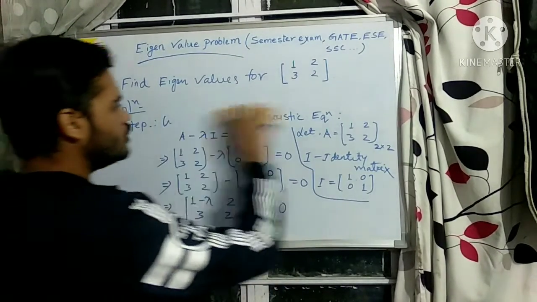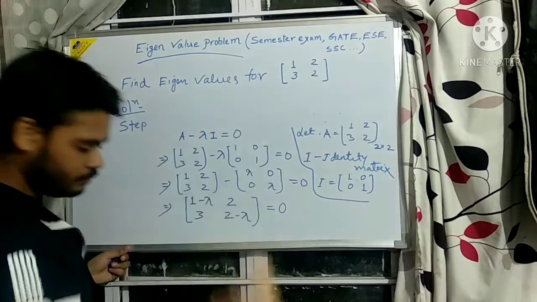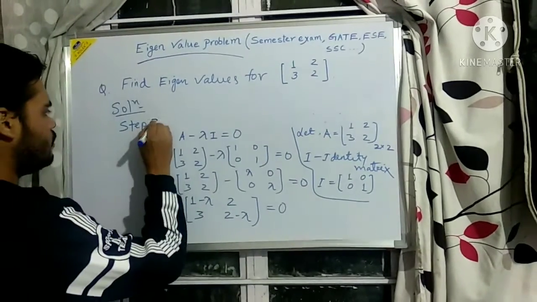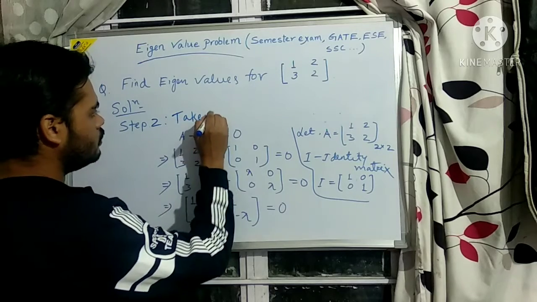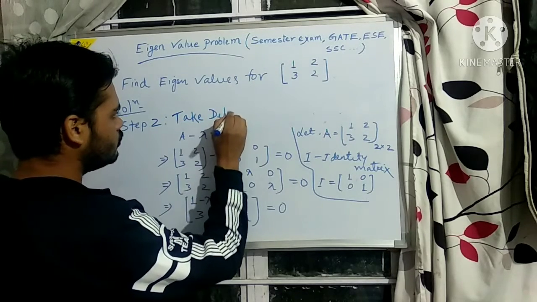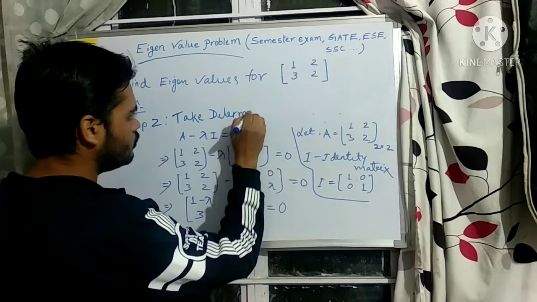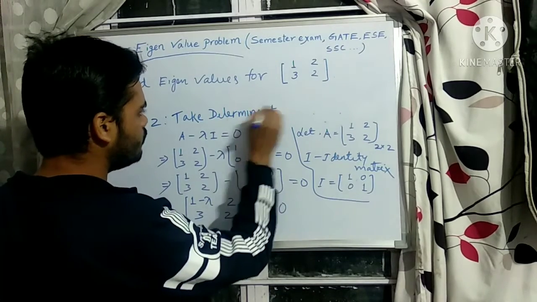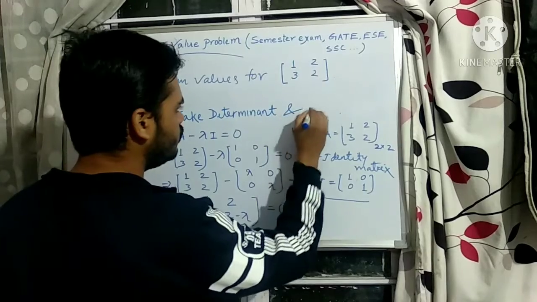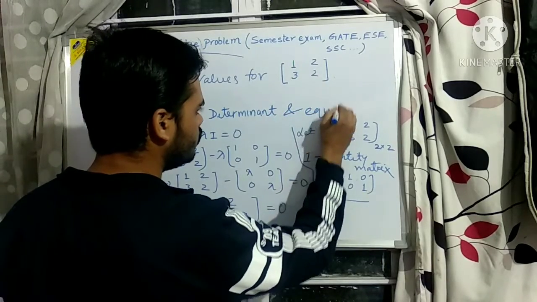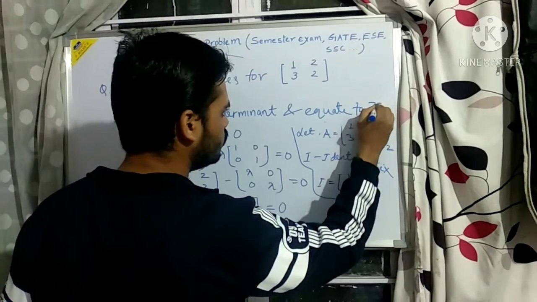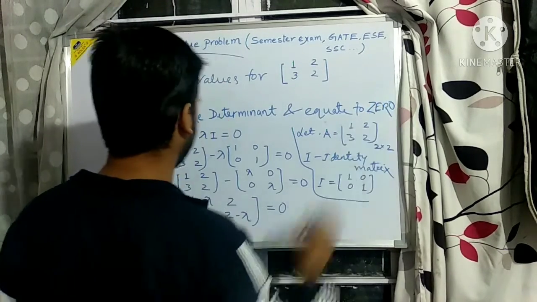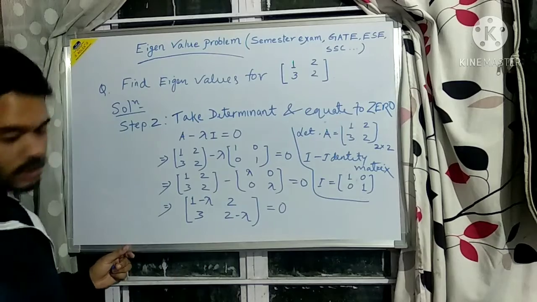Step number 2 is: take the determinant and equate to 0. So take the determinant and equate to 0.